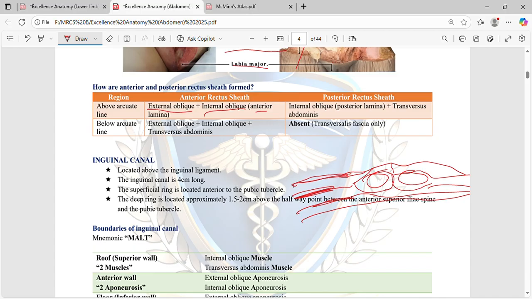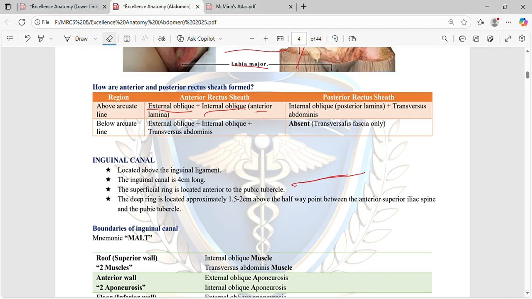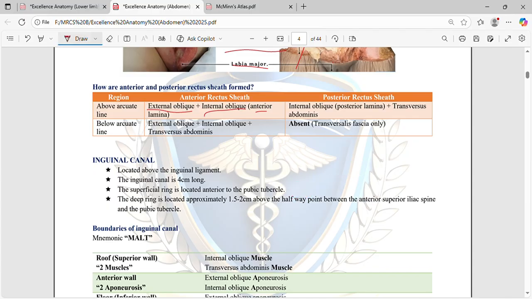Below the arcuate line, we lose the posterior layer. Let's suppose we have this: below the arcuate line, the external oblique goes in front, this is the rectus abdominis, and the external oblique goes like this on both sides, and the internal oblique also goes on both sides.